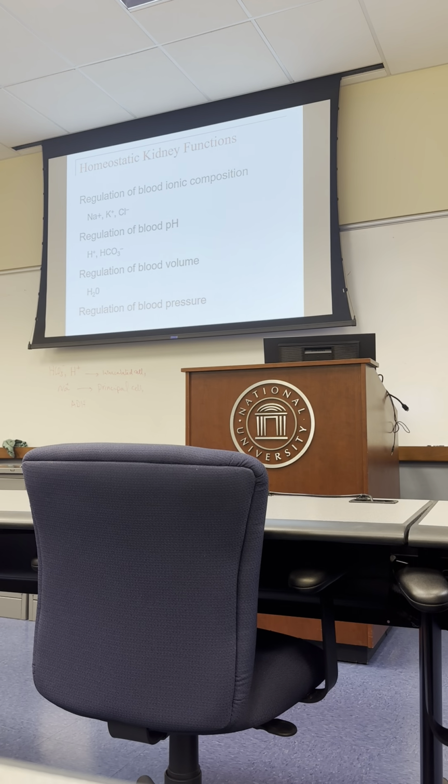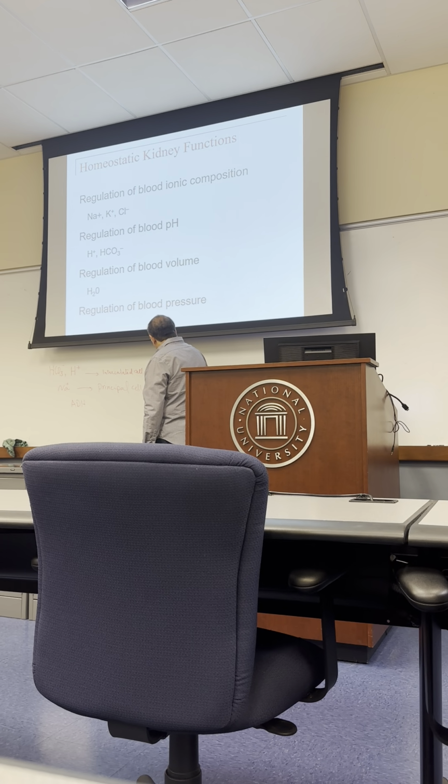Another example I can give you. Let's say I have a breathing difficulty. I am not breathing out CO2, which accumulates in my blood, and now I have increased PCO2. That's going to mean acidosis, correct?